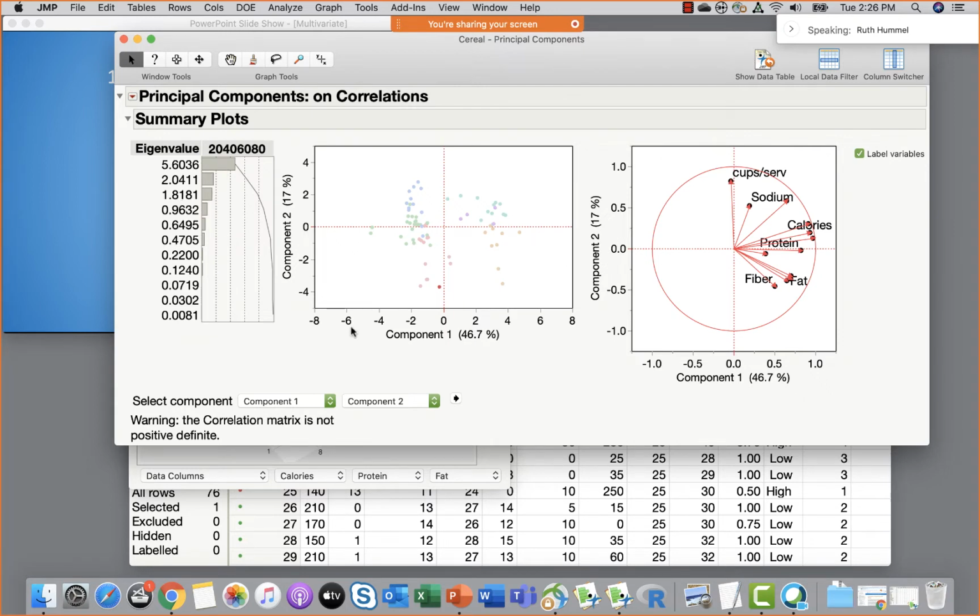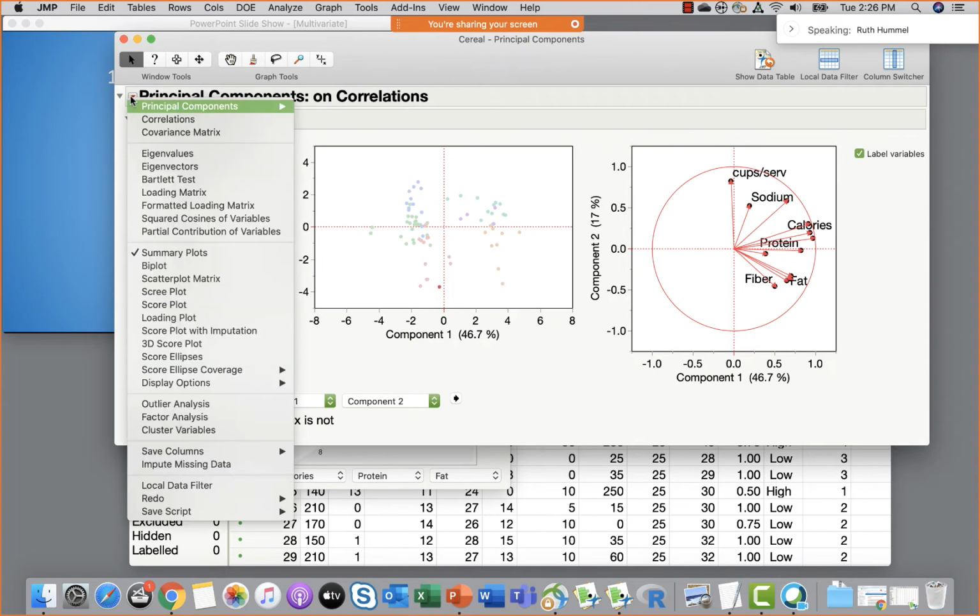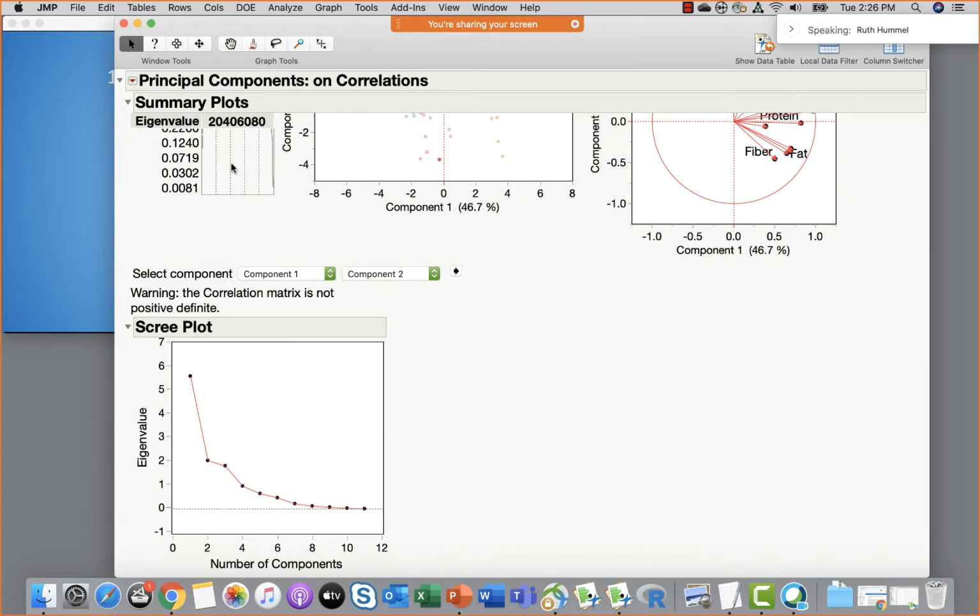Another way of looking at this is something called a scree plot. So we can ask for the scree plot here. It's telling us exactly the same information as the eigenvalue. It's plotting the eigenvalues. So again, we could look at a cutoff of 1 as one rule of thumb about this, but the other option is that we can look at where there's essentially an elbow in this plot.